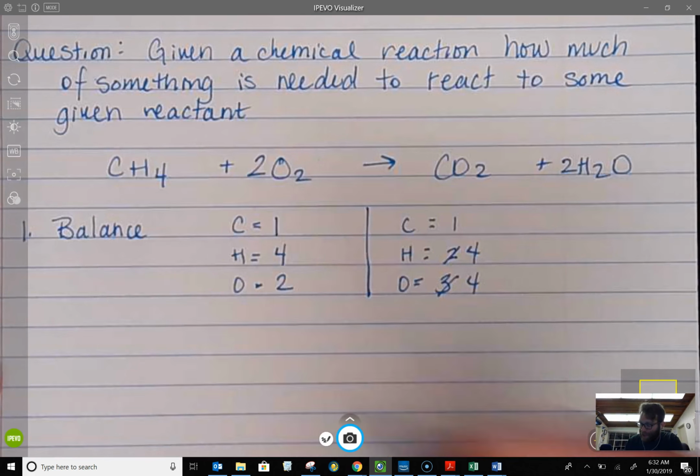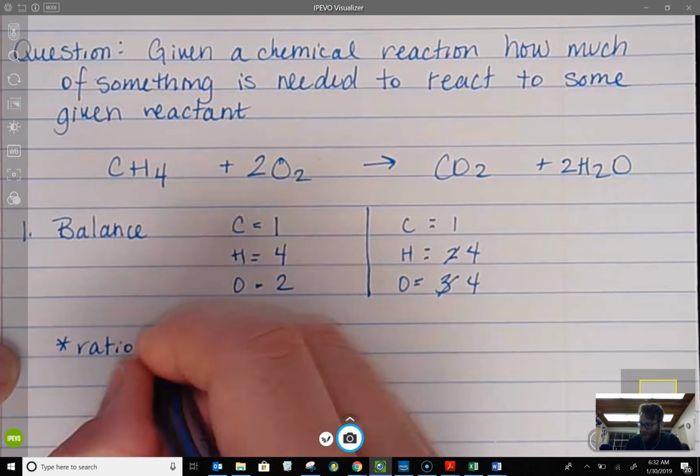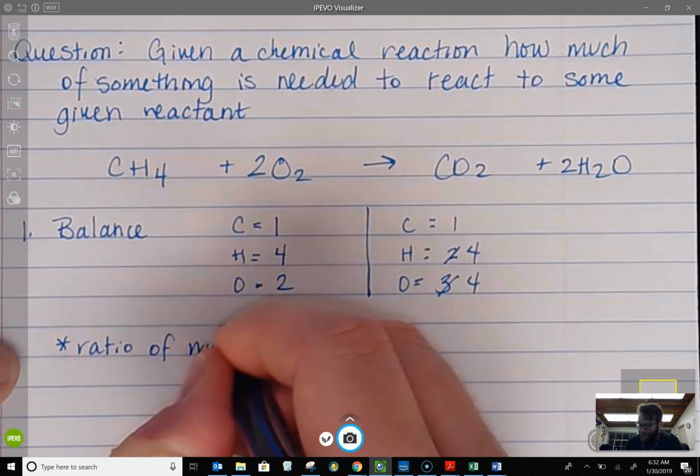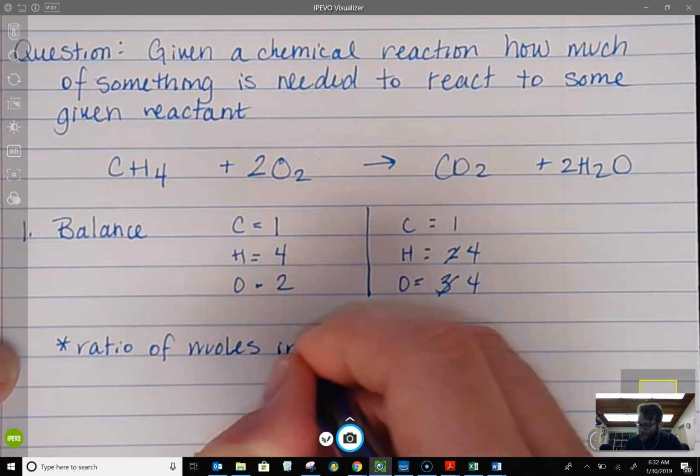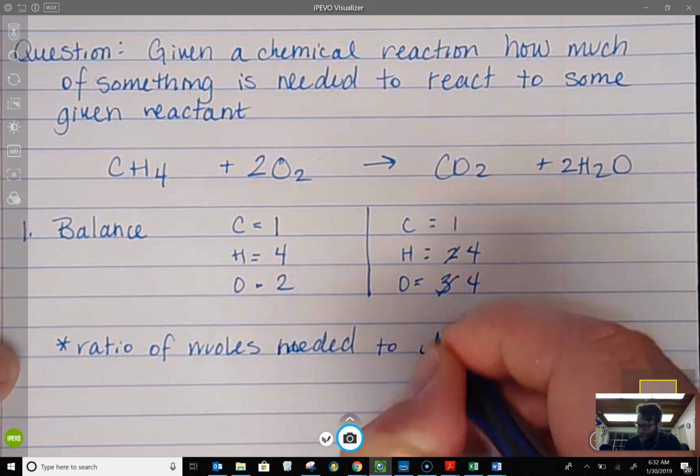Okay, so when you're looking at these balanced reactions, you are looking at the ratio of moles needed to have a reaction.